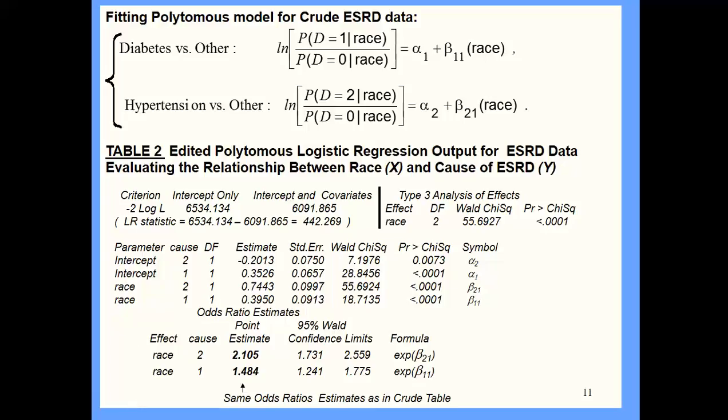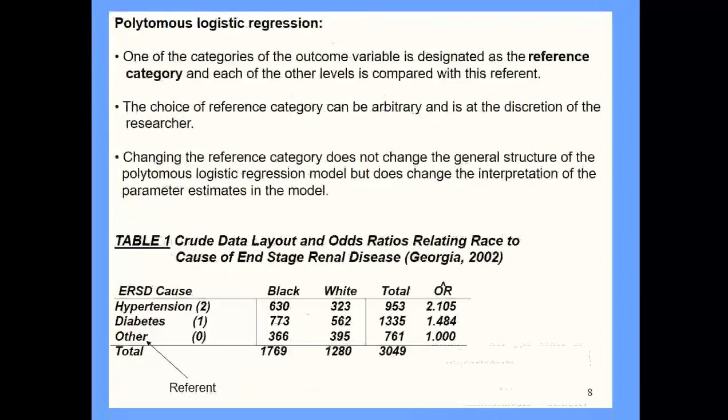Okay, and then when you go e to the beta for the betas, which are the 2 race variables, you're going to see 2.105 and 1.484, which is exactly what you got when I didn't even do logistic regression, when I just looked at the crude data here.